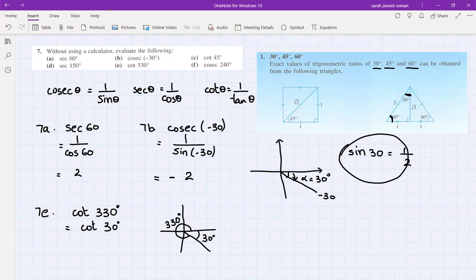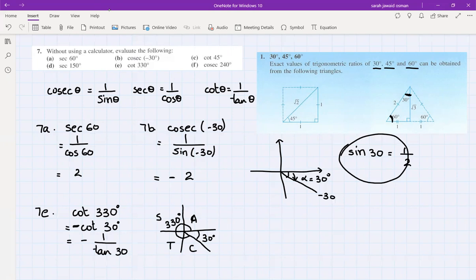And not only that, we know that cot is the reciprocal of tan. And tan in the fourth quadrant is going to be a negative. Therefore, cot 30 should be a negative value. So negative 1 over tan 30.